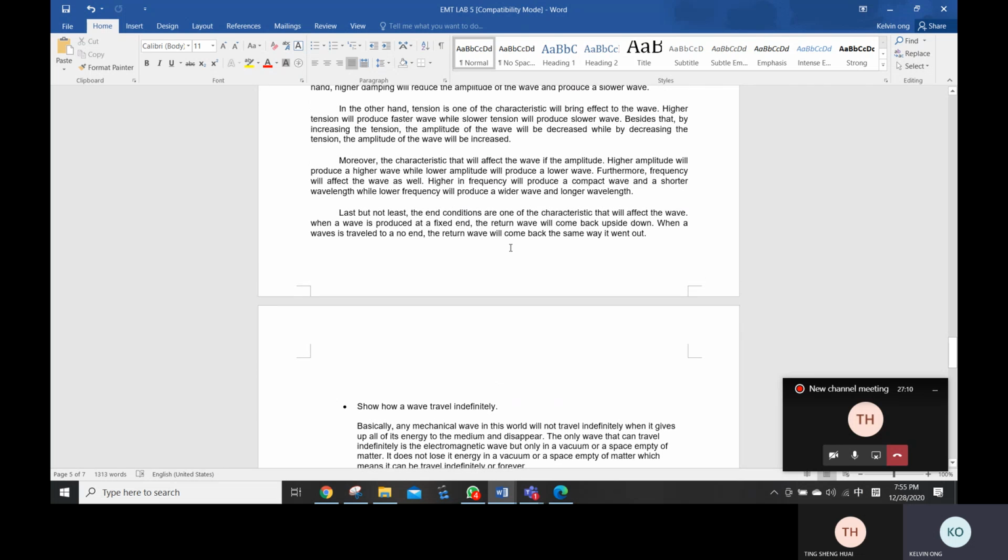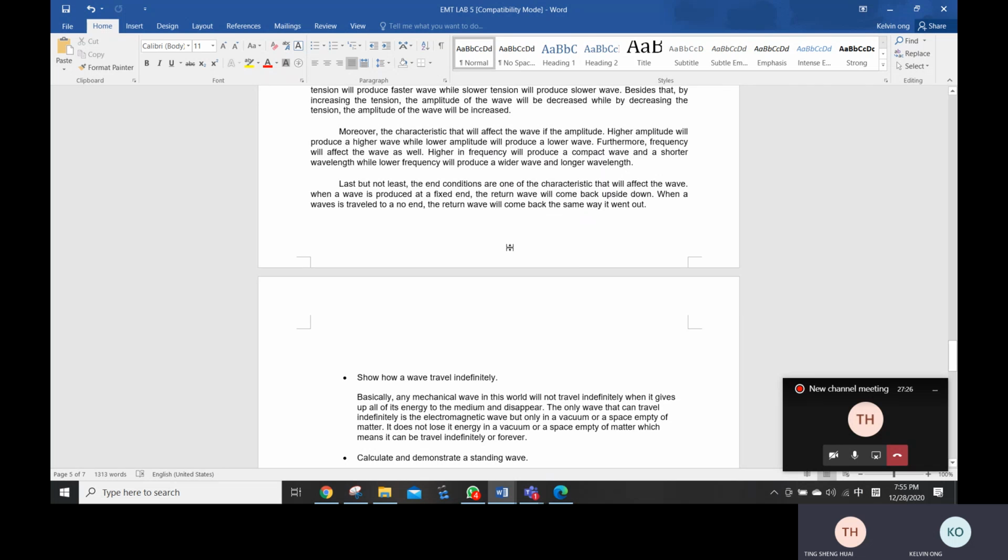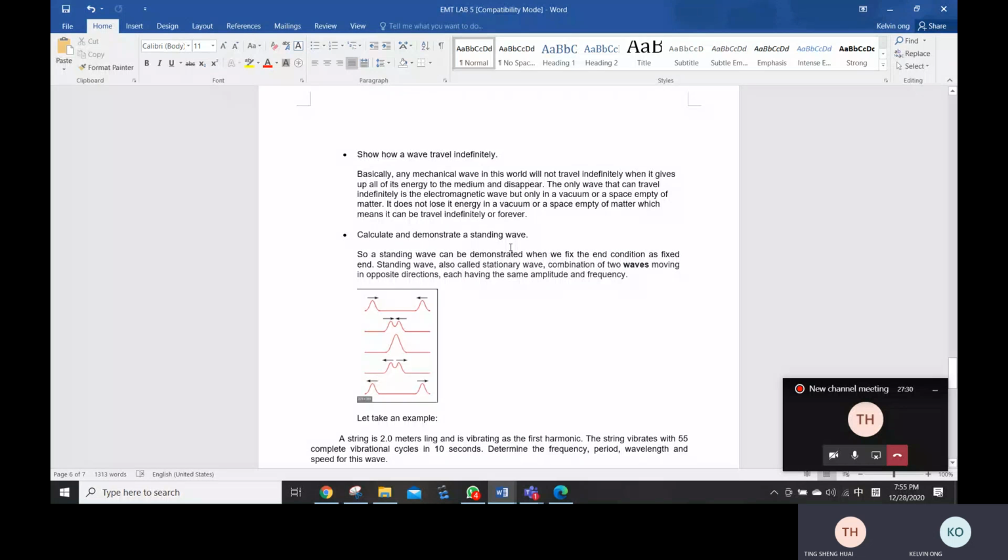When we produce a wave at a fixed end, the return wave will come back upside down. But when the wave travels in a no end, the return wave will come back the same way it went out, showing how a wave travels indefinitely.